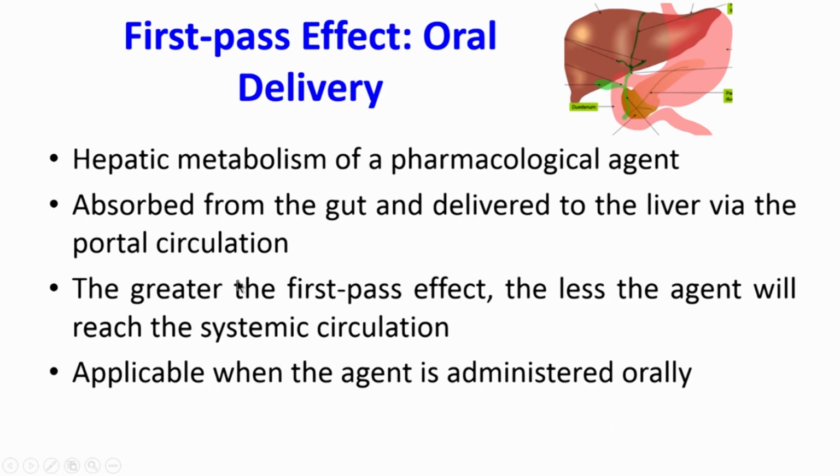That means that even before the drug has reached your blood, a lot of the drug is degraded in the first pass through the liver, and so less of your agent is going to reach the systemic circulation, and that will decrease the therapeutic efficacy. But this is only applicable if you are administering something orally. If you give it via some other route, you may prevent the first pass effect.